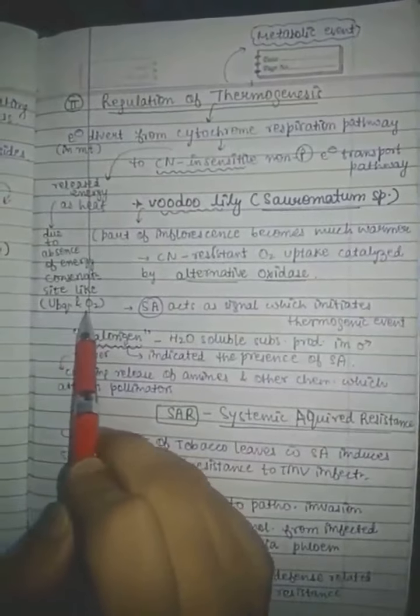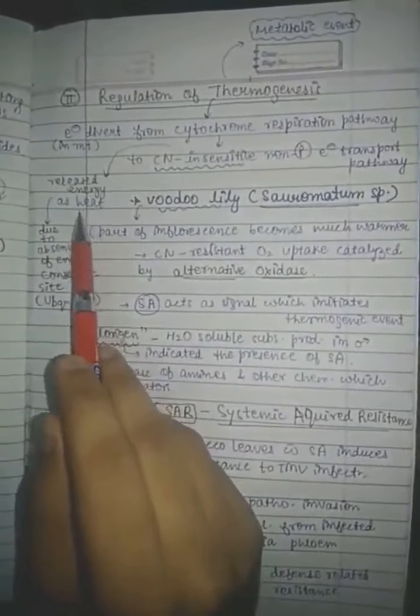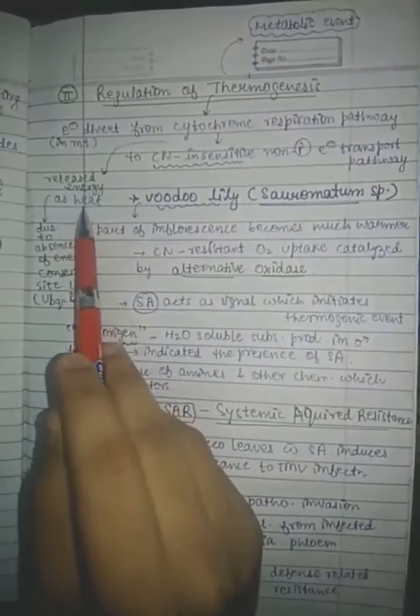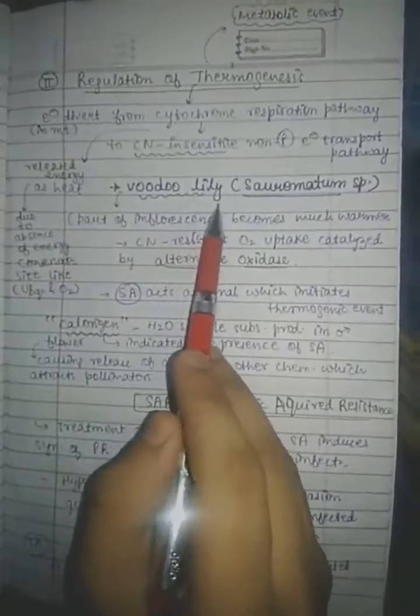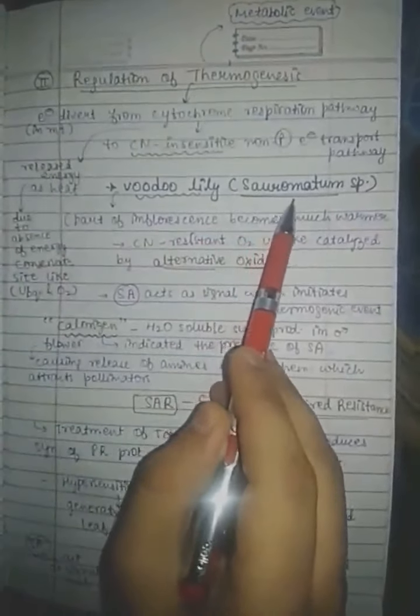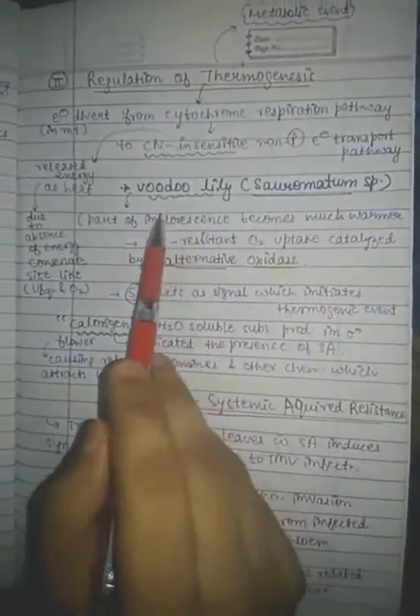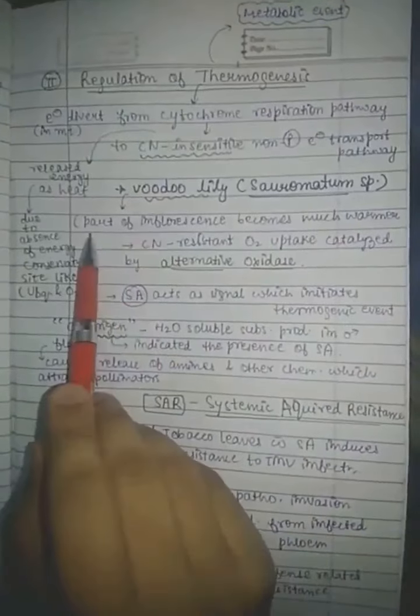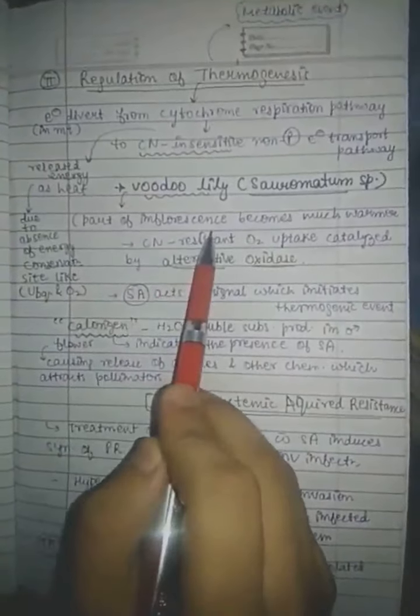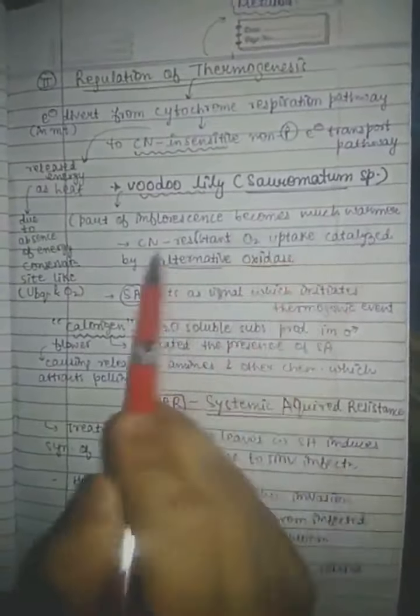So due to the absence of these conservation sites, the energy cannot be conserved and is released in the form of heat. In the plant voodoo lily, the scientific name being Sauromatum species, it can be observed that part of the inflorescence becomes much warmer. This warming is due to the release of energy as heat.